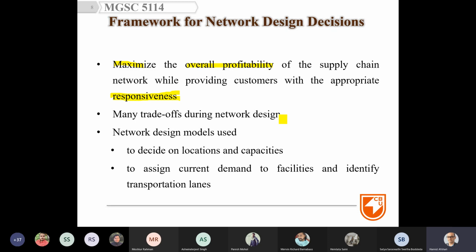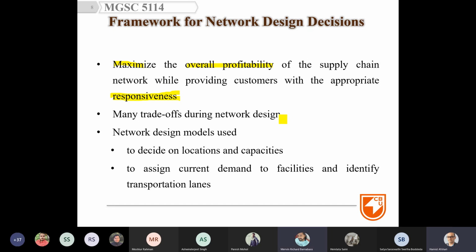You may have more stores, but what are you gaining when you have more stores? When you have more stores, you are more responsive, but also more costly. Not more efficient, actually, more costly.